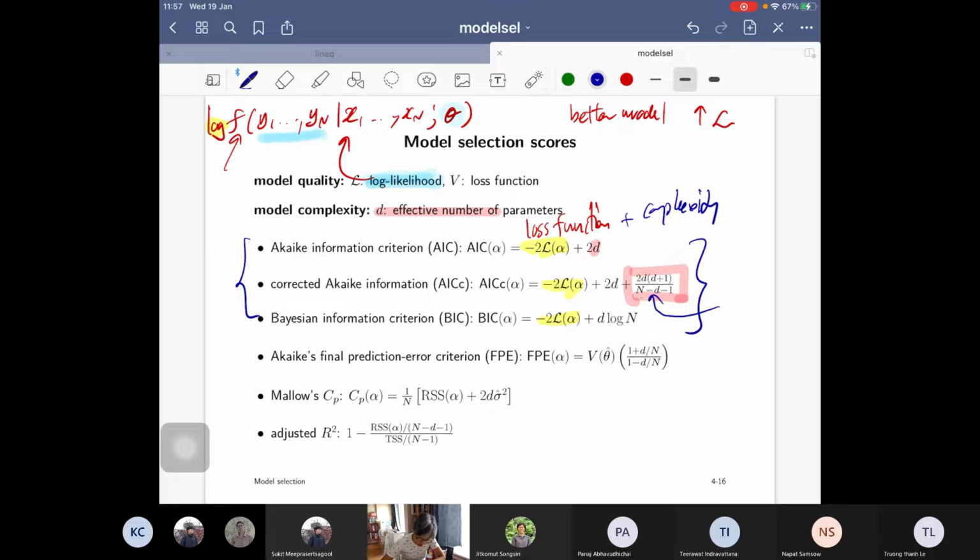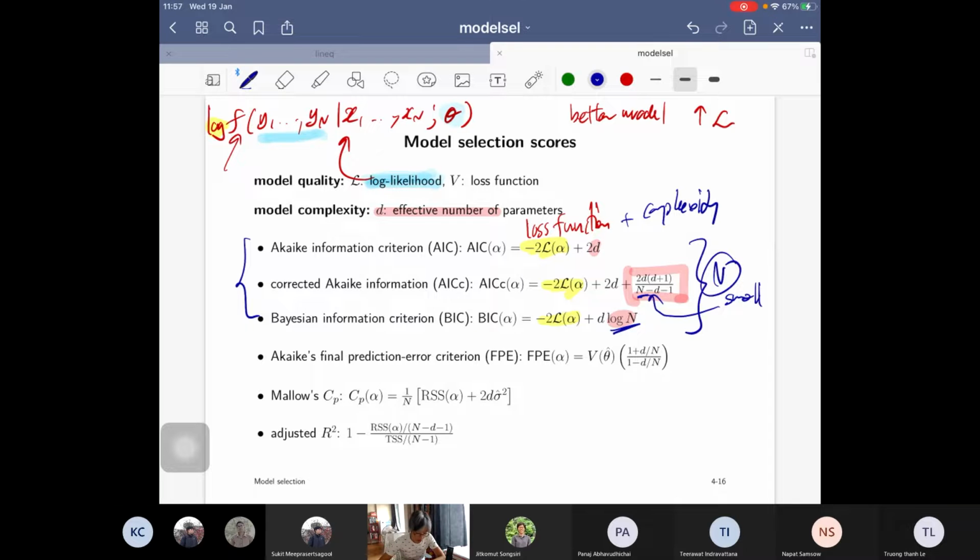You see that there's going to be a function of n here, and that compensates for finite samples, which means when n is small. For the Bayesian information criterion, the effective number of parameters, or the term that refers to the model complexity, is also weighted, or scaled, by log n.